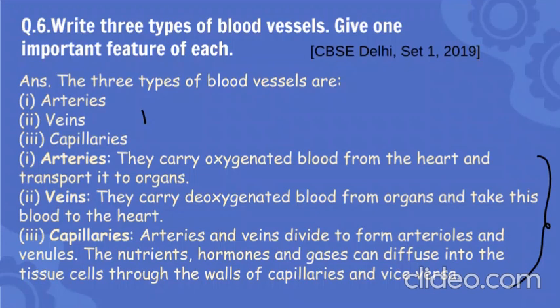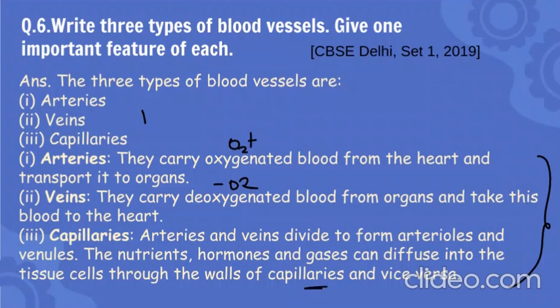Arteries, they carry oxygenated blood, in which oxygen is present, from the heart to the organs. They take oxygenated blood from the heart and provide it to the organs. Veins carry deoxygenated blood. From where? From the organs. The organs have received fresh blood, and after using it, it becomes deoxygenated. So from the organs it goes back to the heart, then again it will be oxygenated, correct? And capillaries: arteries and veins divide to form arterioles and venules, and the nutrients, hormones, gases, etc. diffuse into the tissue cells through the walls of capillaries.